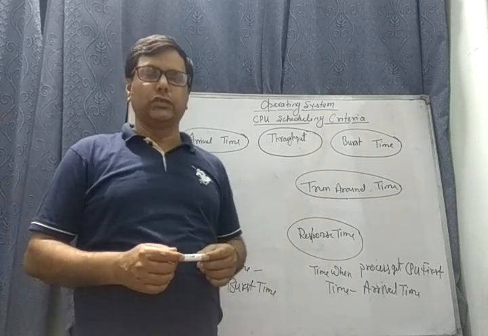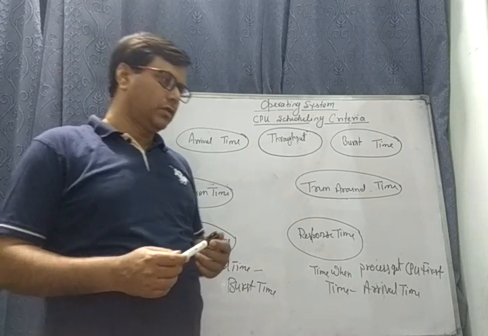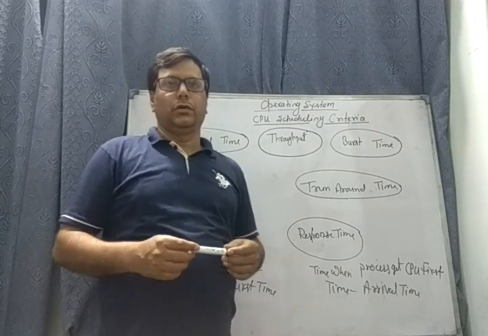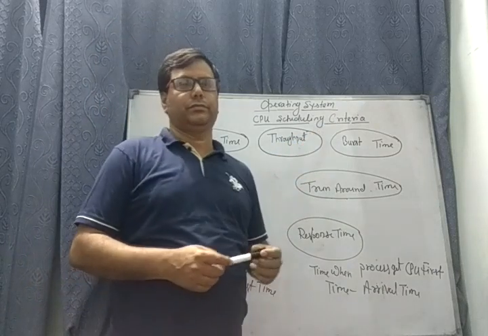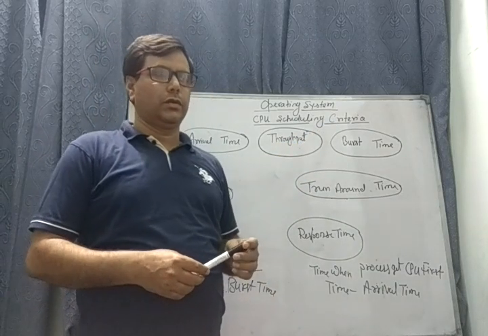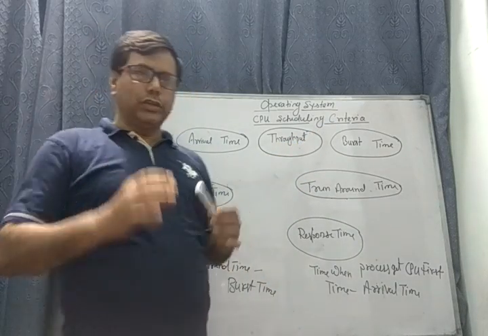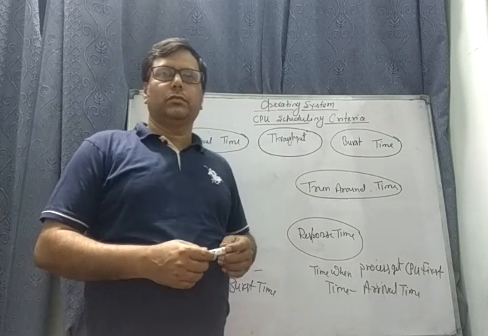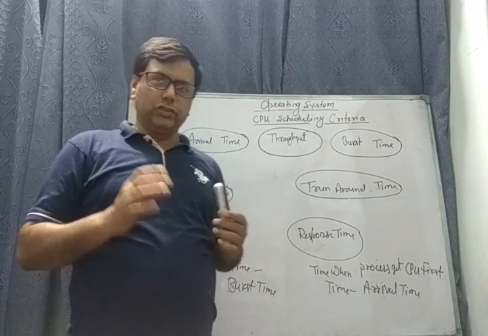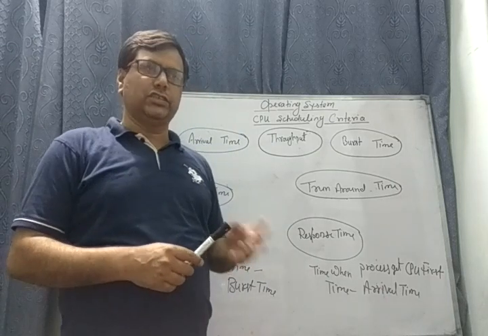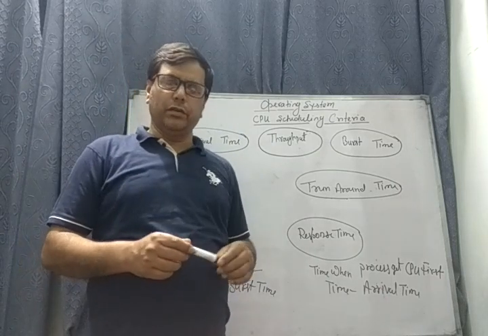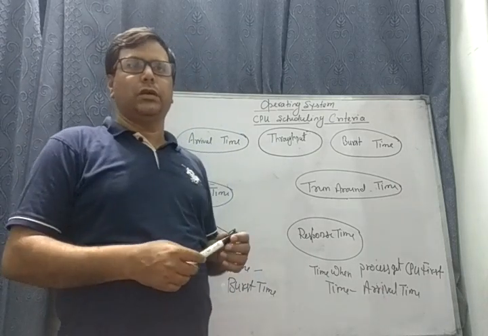Ram Manohar Avadhesh, Ayodhya. And now today's topic is CPU scheduling criteria. Now, as you know, the CPU has to execute processes, and in a system there may be many processes at a time.